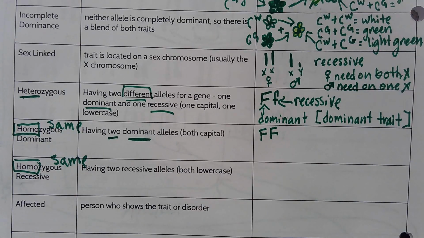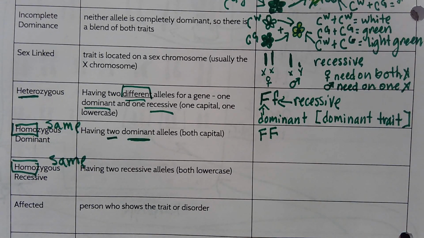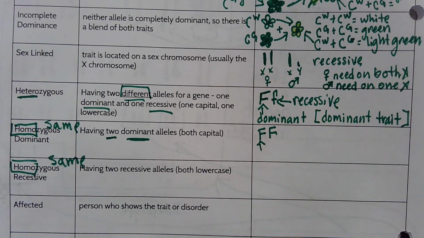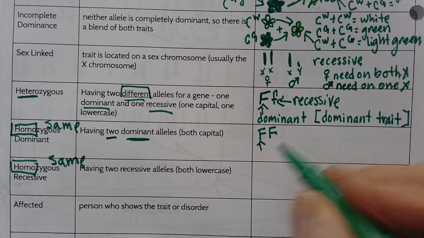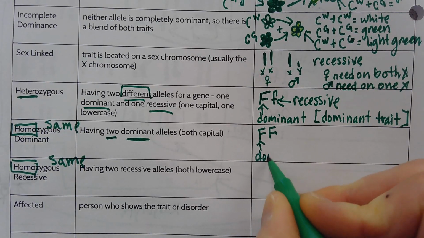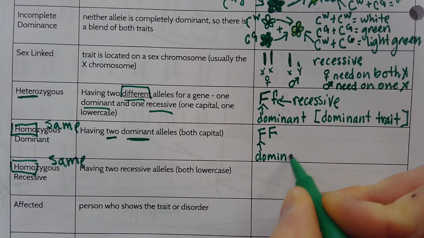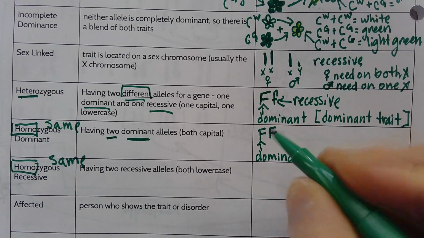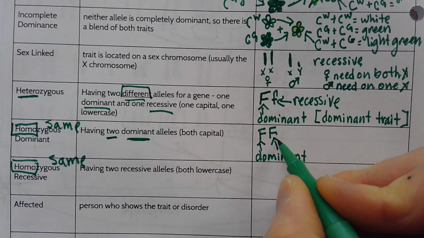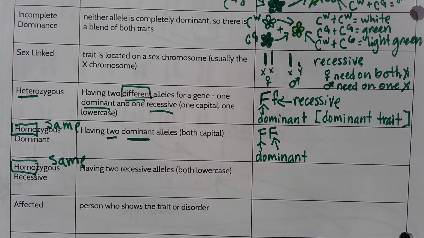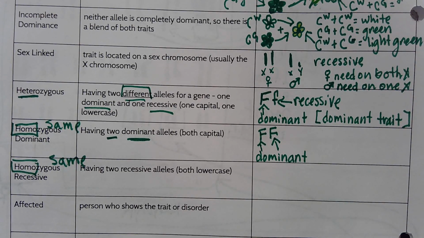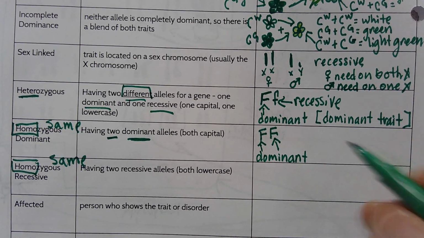And I'll talk about why we're using an F for this. Both of these are dominant, so the dominant trait is going to be shown because that's all there is.